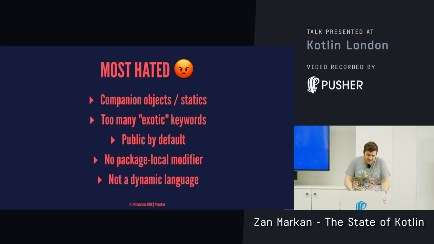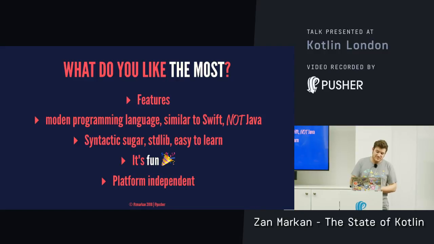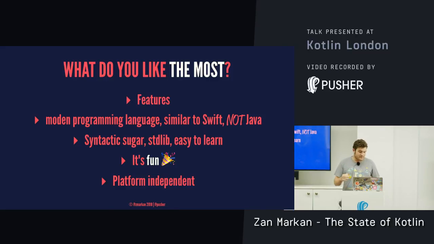Not sure what to think about this, but yeah. But what are the best ones though? What people like? They like the features. They like the null safety. They like the coroutines. They like the Java interoperability. They also like it's a modern programming language akin to Swift, TypeScript, and others. They like it's not Java.